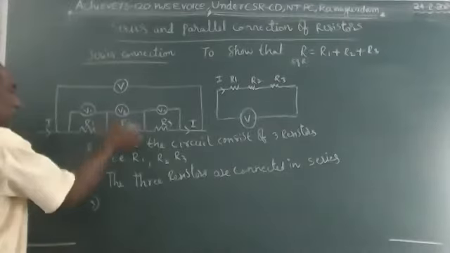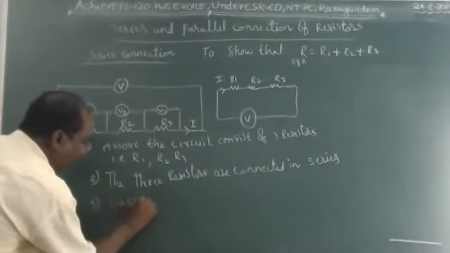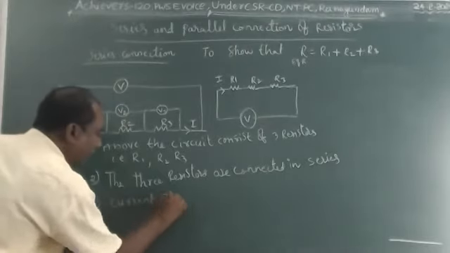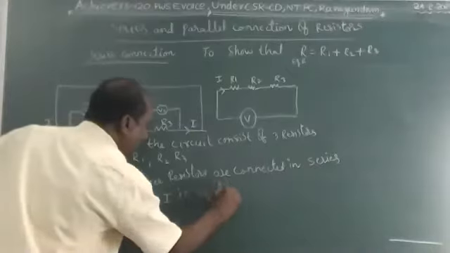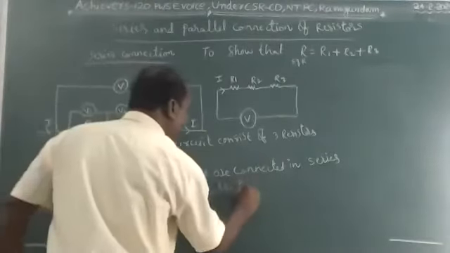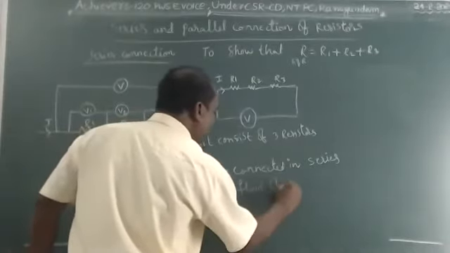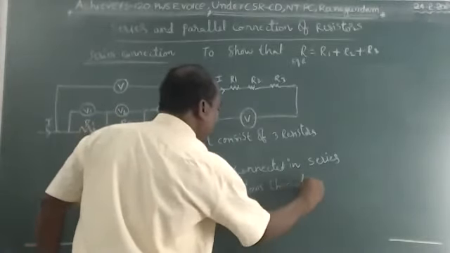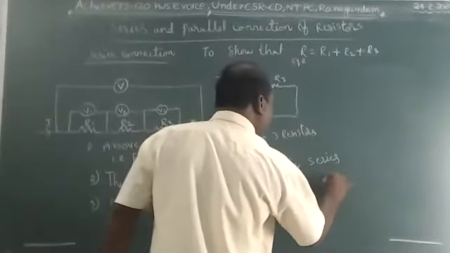So for the third point, we write: current I flows equally through three resistors.